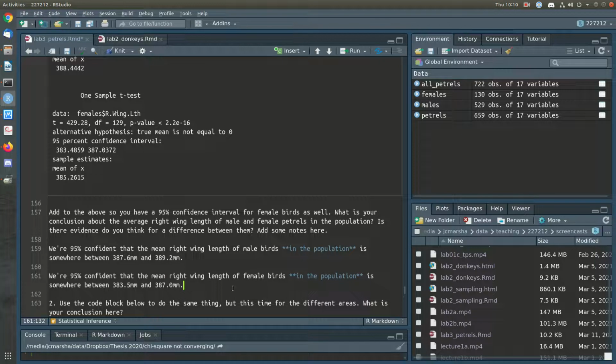And what we notice is that these two uncertainty intervals do not overlap. So we're at least 95% confident that males are bigger than females in the population.